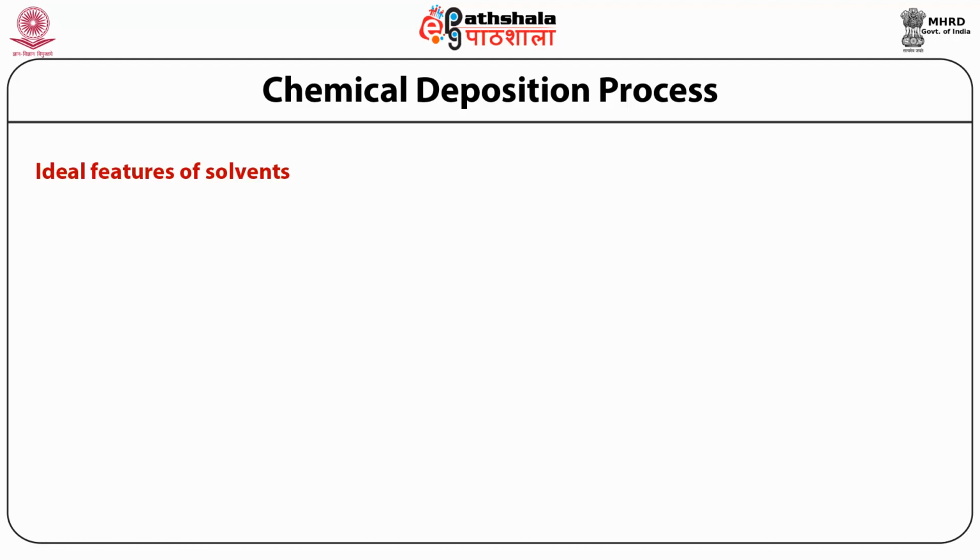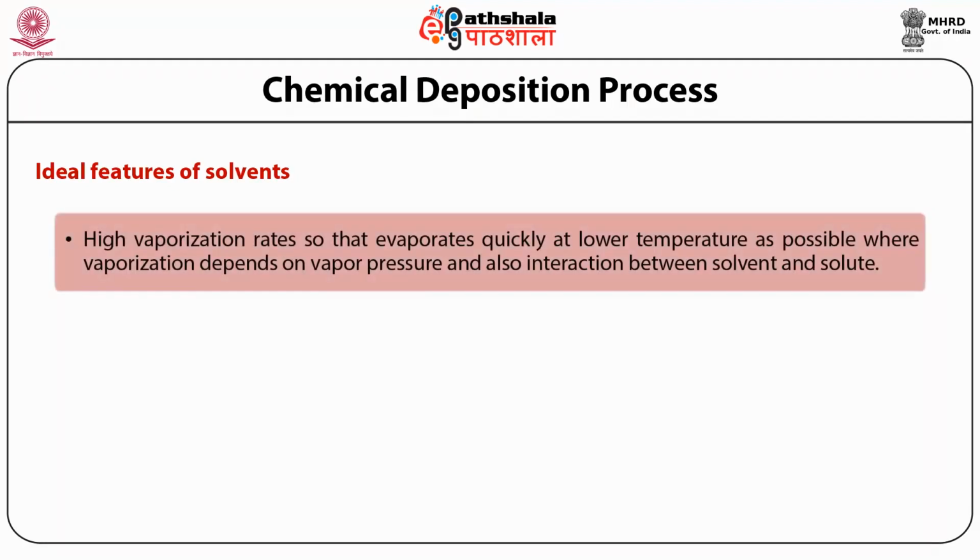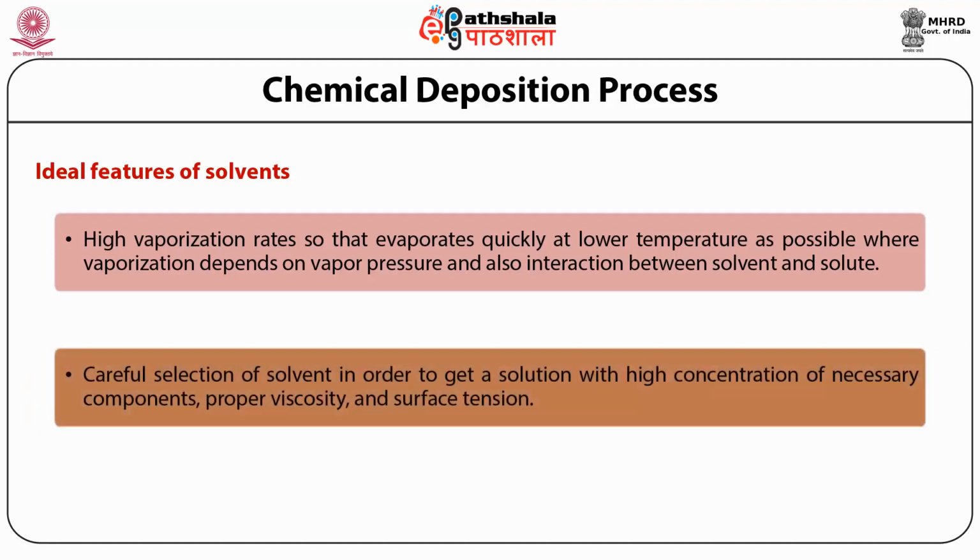For an ideal solvent, high vaporization rates should be there so that it evaporates quickly at as low a temperature as possible, where vaporization depends on vapor pressure and also the interaction between solvent and solute. Therefore, careful selection of a solvent is necessary in order to get a solution with a high concentration of necessary components, proper viscosity and surface tension.